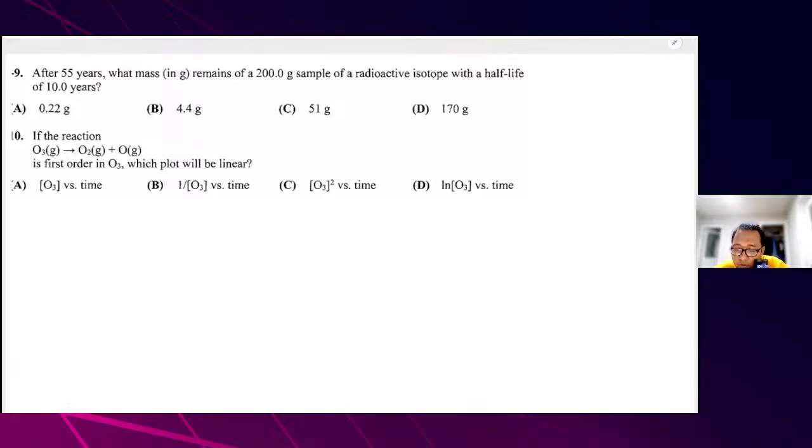After 55 years, what mass in grams remains of a 200 gram radioisotope with a half-life of 10 years?